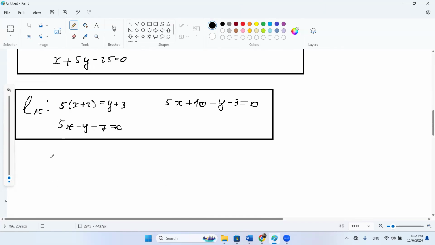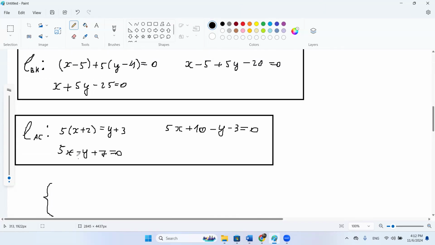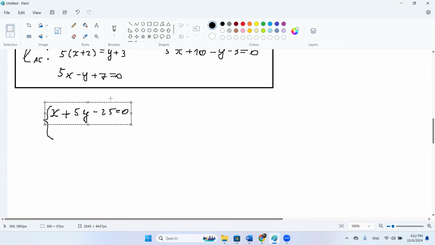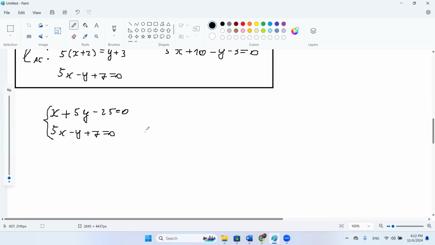So now, writing down the equations that we need to solve: BK and AC. Well, let's do the substitution.